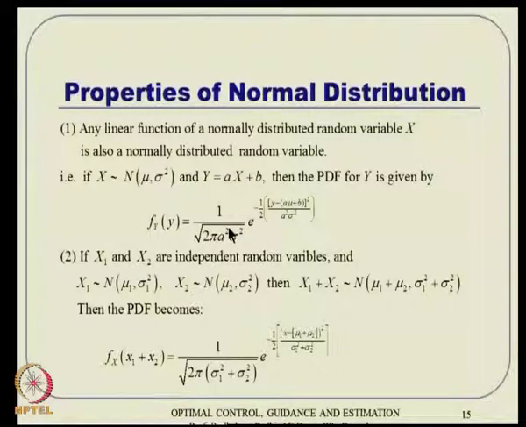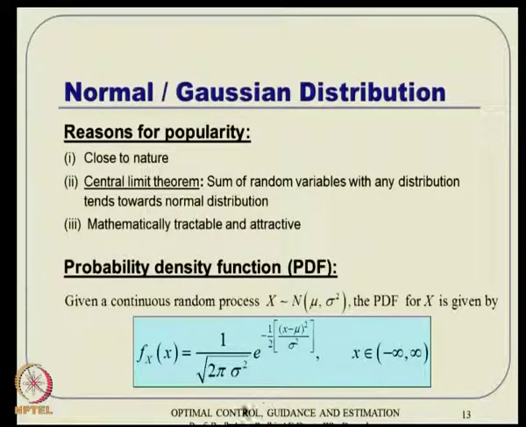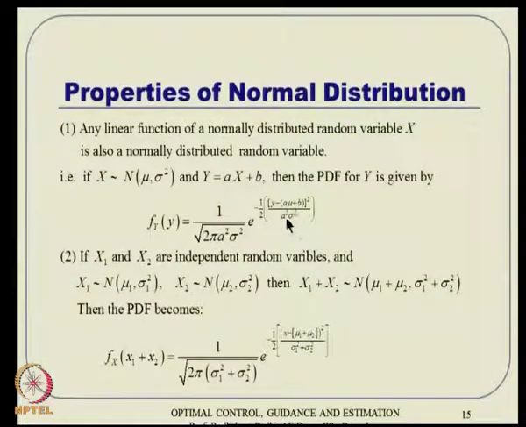The average value turns out to be a mu plus b, and the variance turns out to be a square sigma square, where sigma square is the original variance.